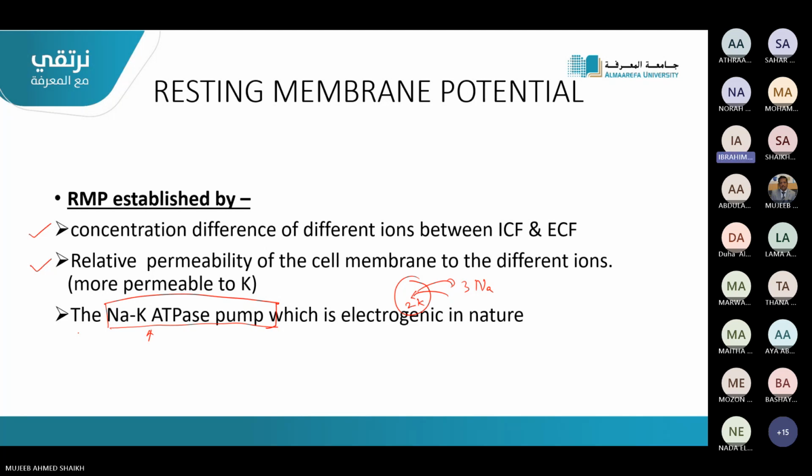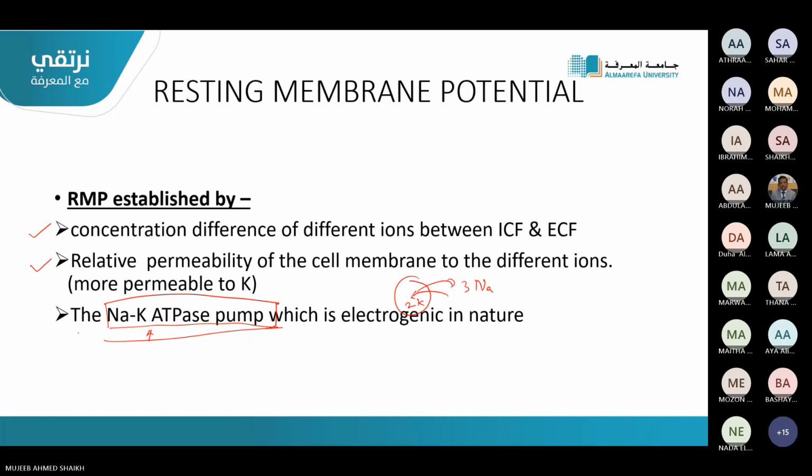Yes. Three things are there for resting membrane potential: unequal distribution of ions, unequal permeability, and the sodium potassium ATPase pump. These are the 3 main causes of resting membrane potential. Out of that, the most important one in the form of a pump is sodium potassium ATPase.